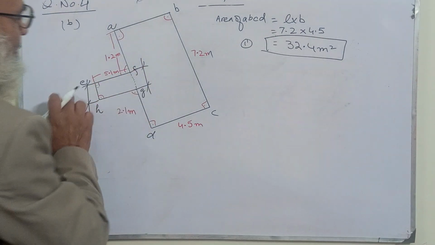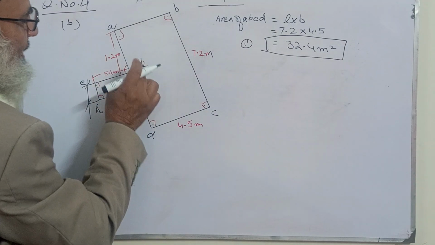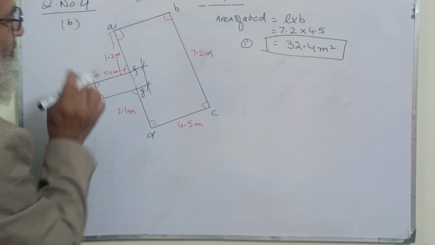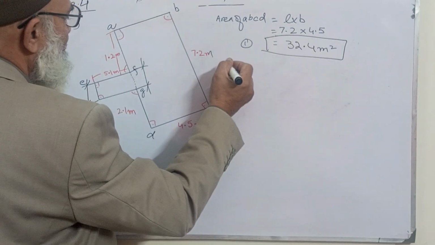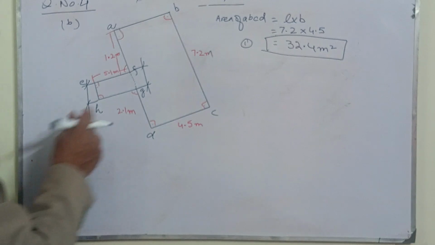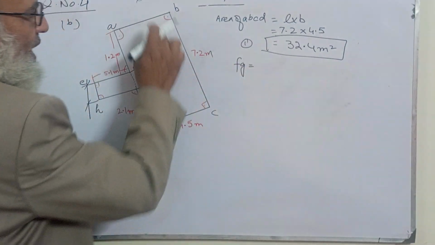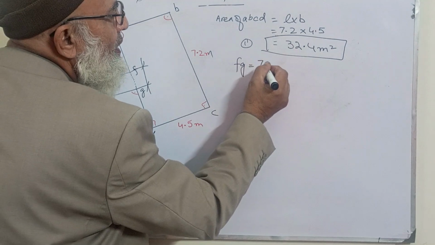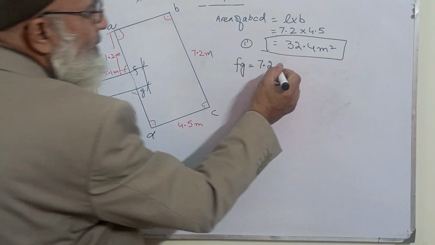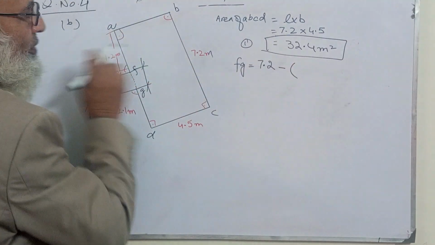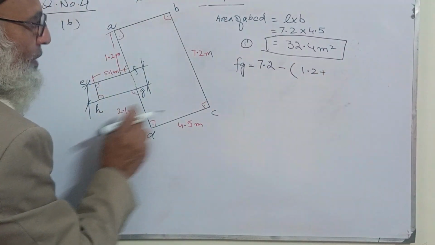Now let us say that this is FG. Now FG is equal to 7.2 minus 1.2 plus 2.1.